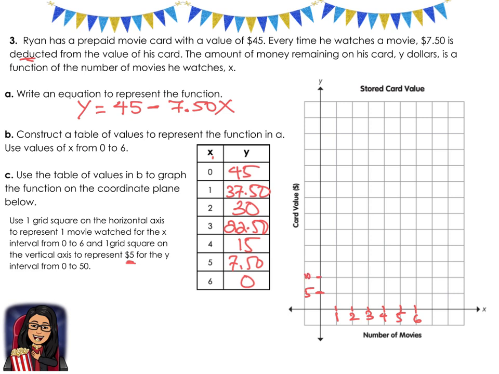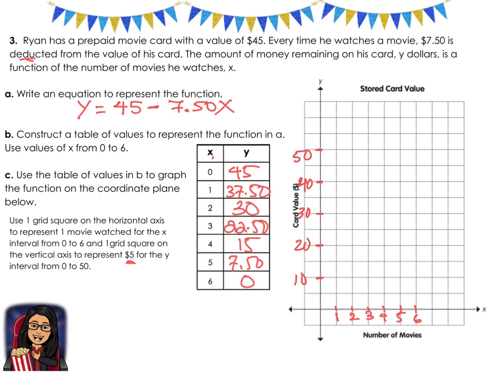So what I'm going to do, it's looking a little messy, so I'm going to just erase this, and I'm just going to start. Okay, let's go back there. So for every one, it is 5. So I'm just going to go here, and this is going to be 10, 20, 30, 40, 50. All right, and let's graph.